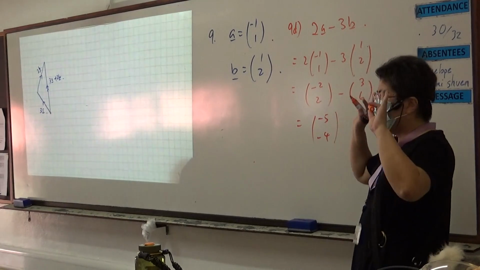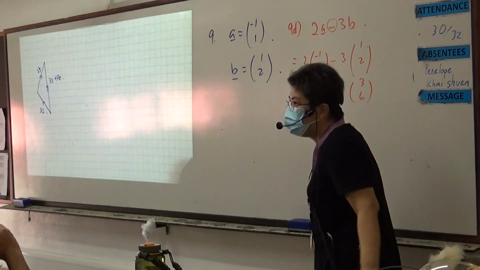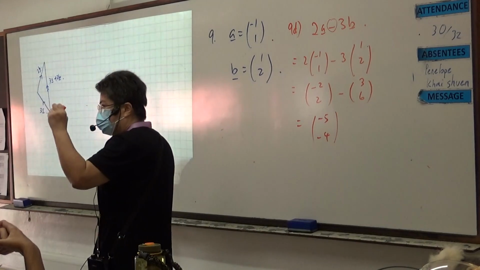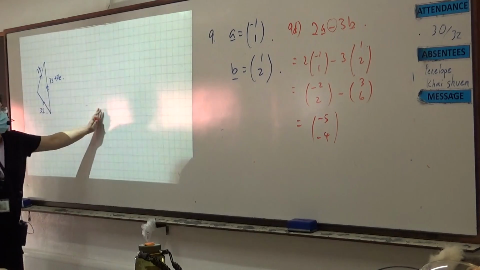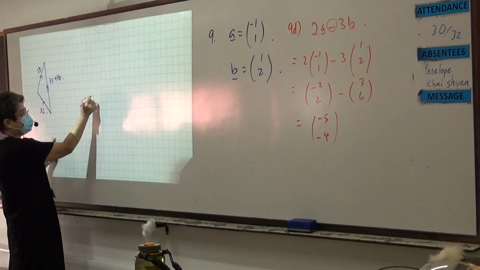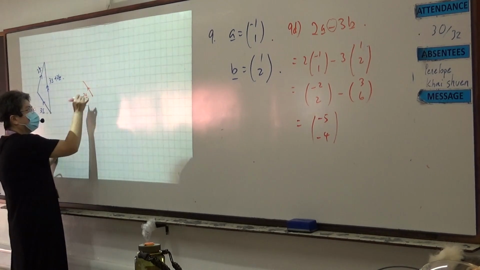Now, okay, all of you look up, because the last part you're going to do yourself. What is this sign here? Minus. If it's minus, it means both must start from the same point. Okay, I'm going to do this. 2a. This will be my 2a.